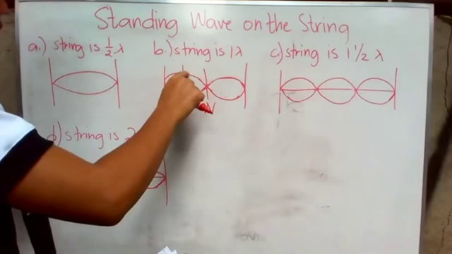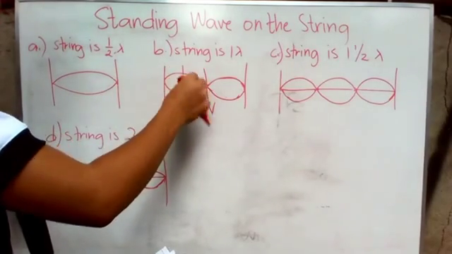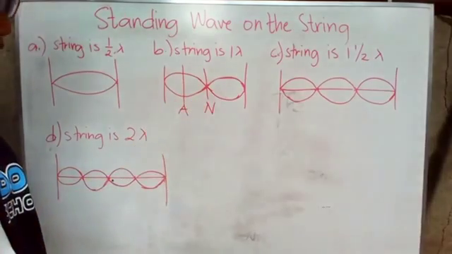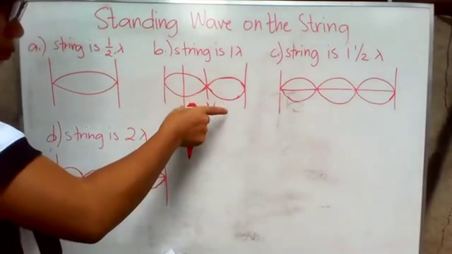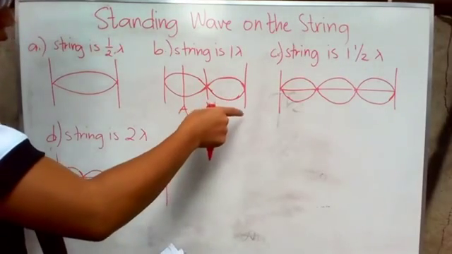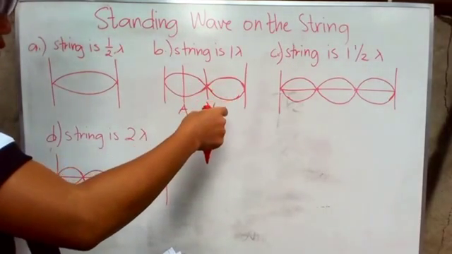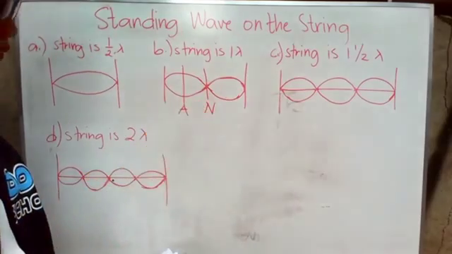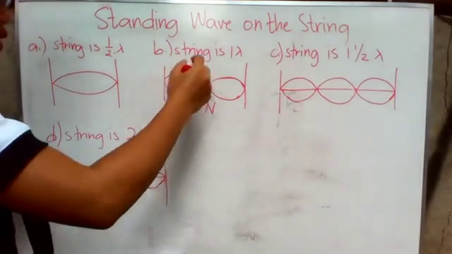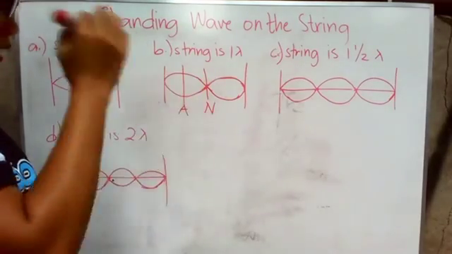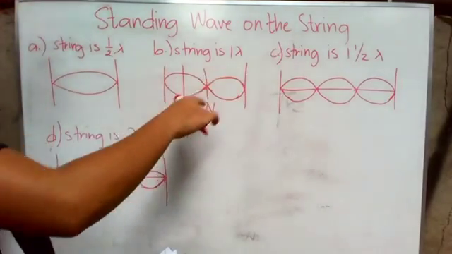As you can see, the amplitude here is the maximum positive and maximum negative. Because the wave pattern doesn't appear to be moving in either direction along the string, it is called a standing wave.